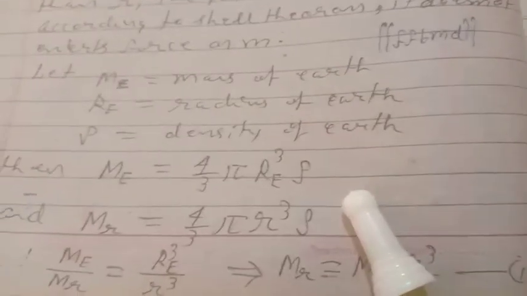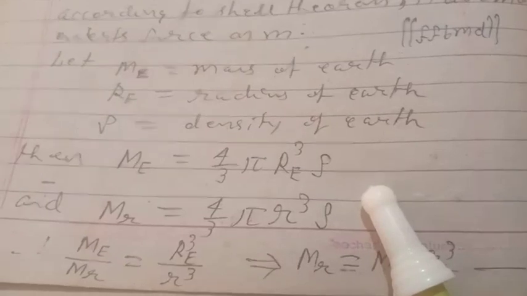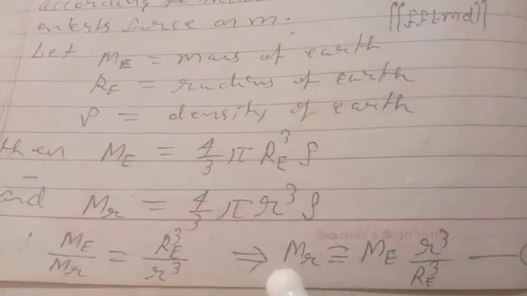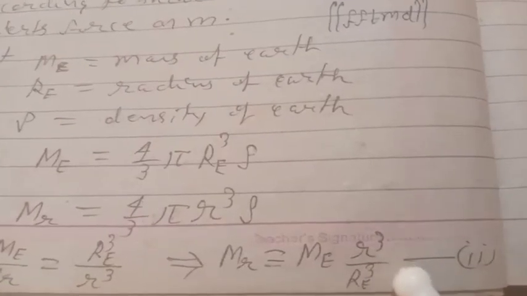Here it is considered that the density of earth is equal everywhere. Hence Me by Mr equals Re cubed by r cubed. This implies Mr equals Me into r cubed by Re cubed, equation 2.